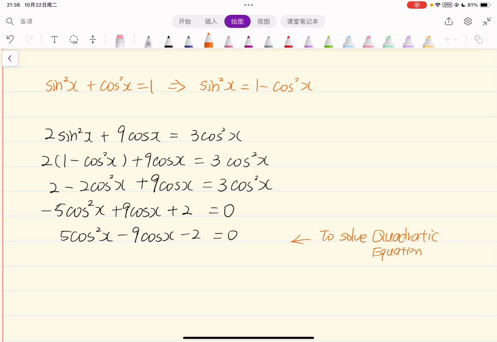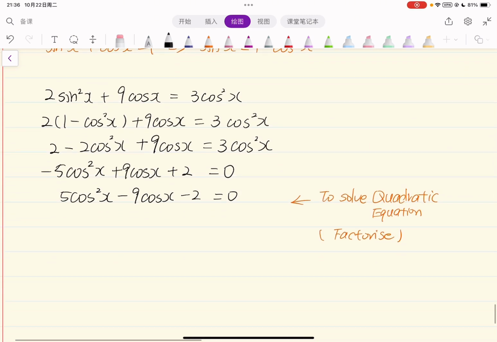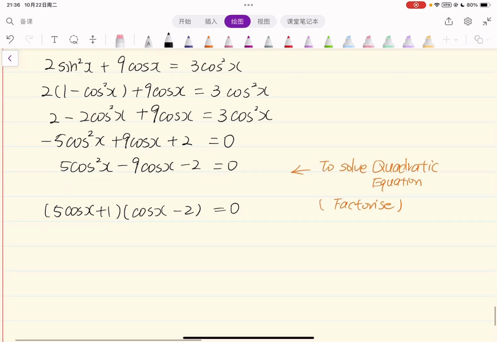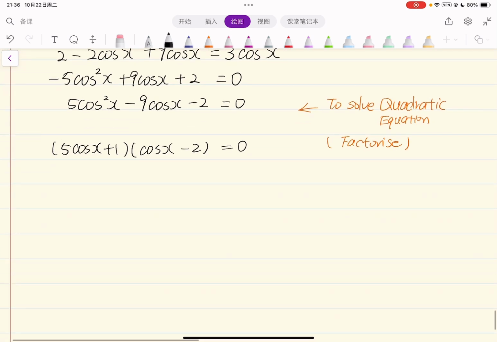We can see this equation we can factorize. Then we have 5 cosine x plus 1 times cosine x minus 2 equals 0. So we have two situations.